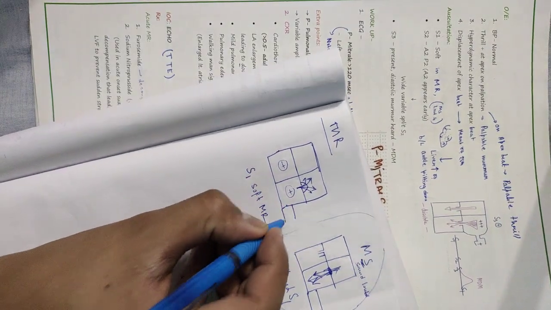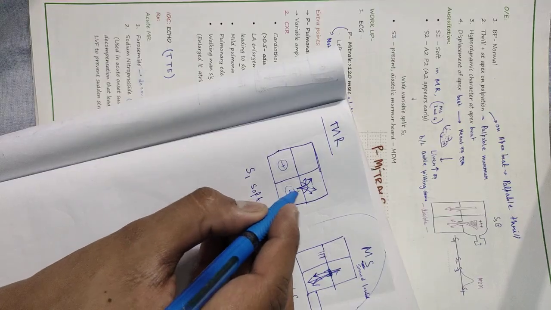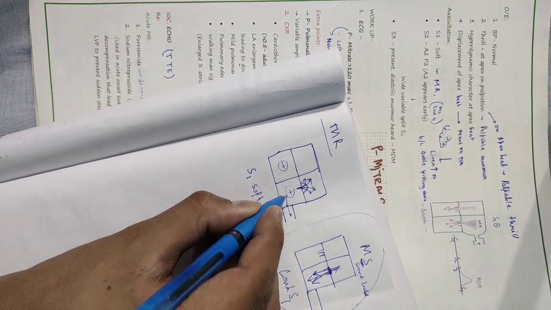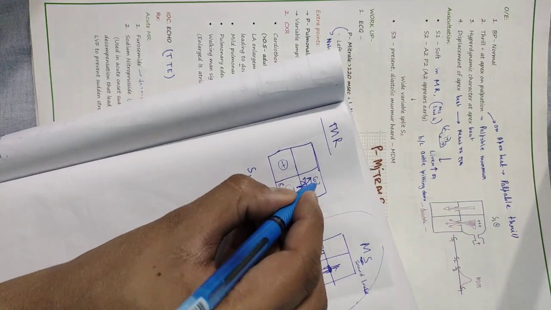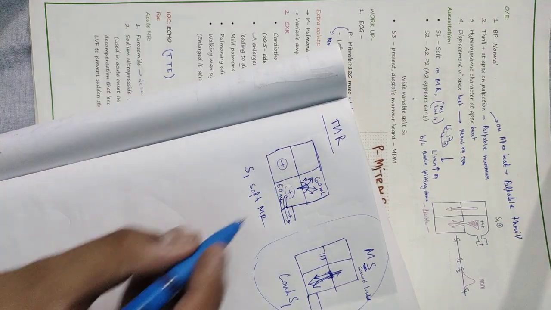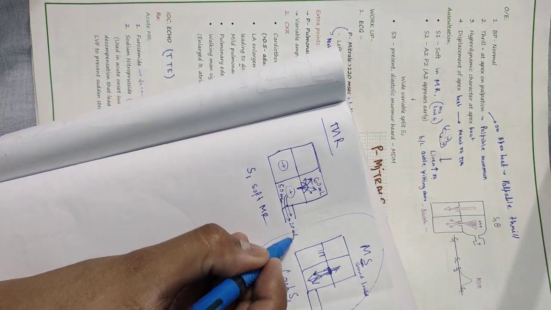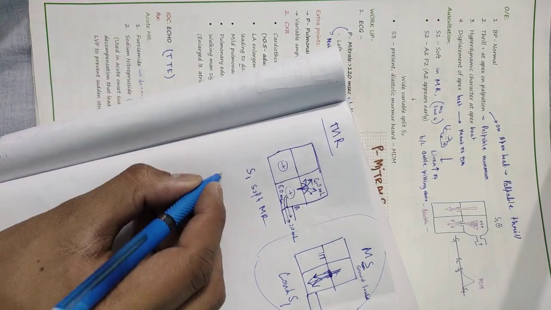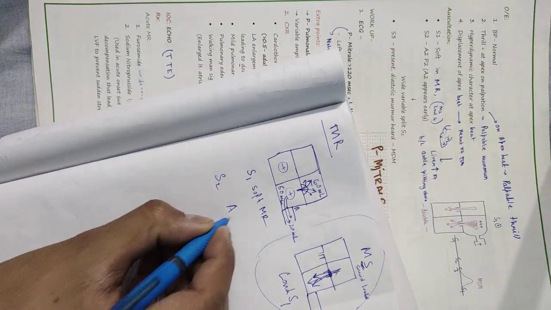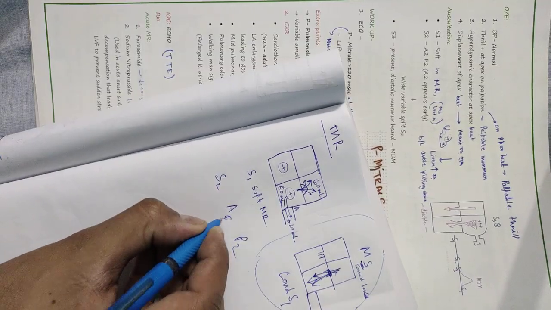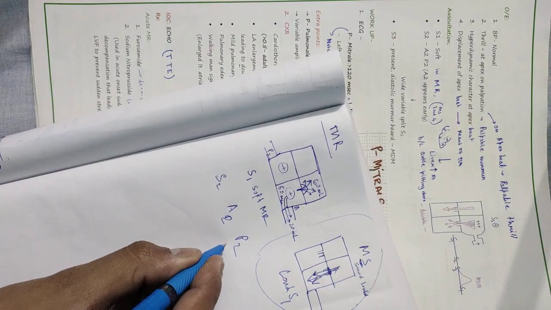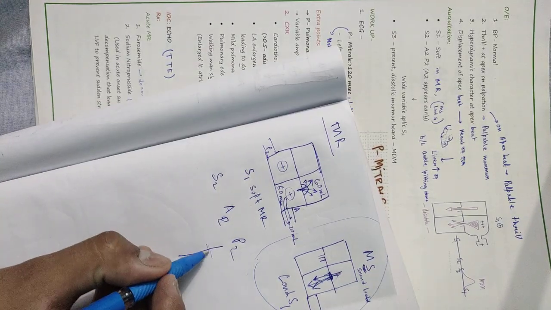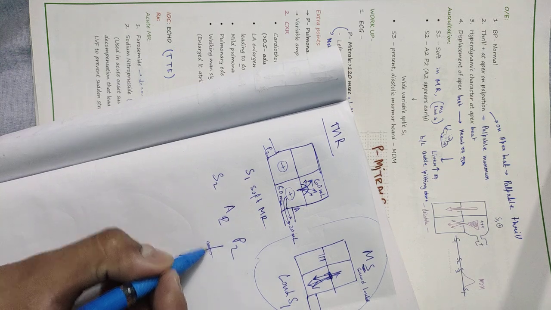S2, that means this part. As some part of the blood is going this side and the remaining is going this side, out of 80 ml around 60 ml is going this side, so only 20 ml is coming through the aortic valve. So in S2, that means A2 and P2, P2 varies a little bit with inspiration and expiration.